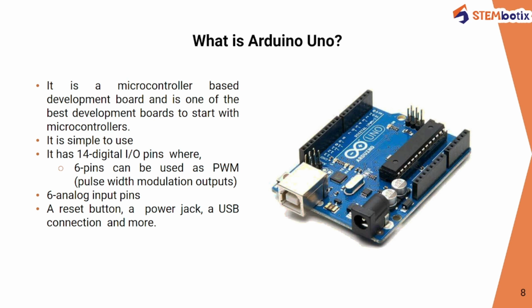The board is equipped with sets of digital and analog input output pins that may be interfaced to various expansion boards, or you can say shields, and other circuits. So it has 14 digital pins and 6 analog input pins.